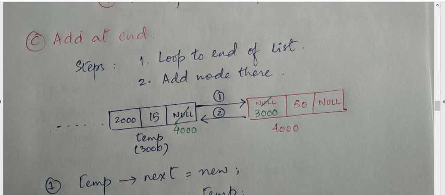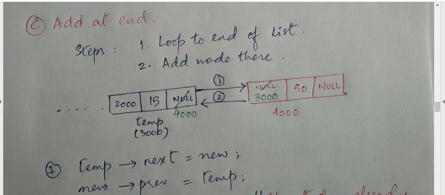Now add at the end of a linked list. How do you add at the end of a linked list? You simply go to the last node and then make the last node point to the new node. So let's say 15 is our last node here.